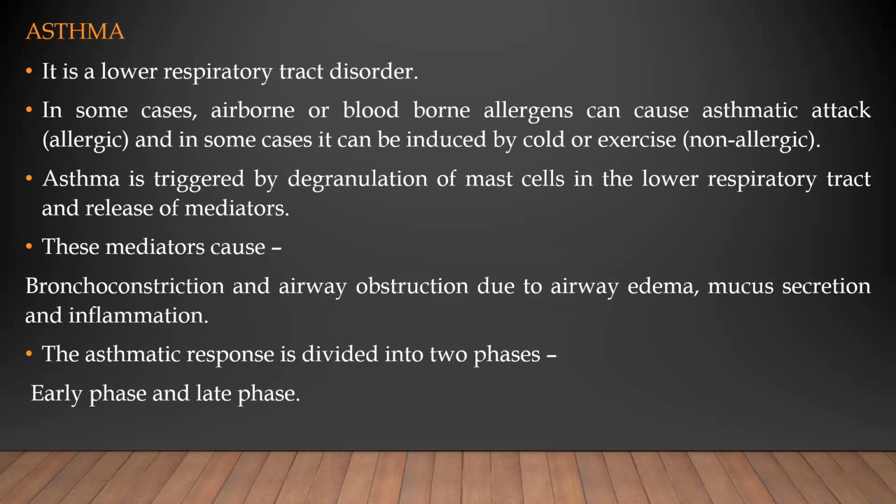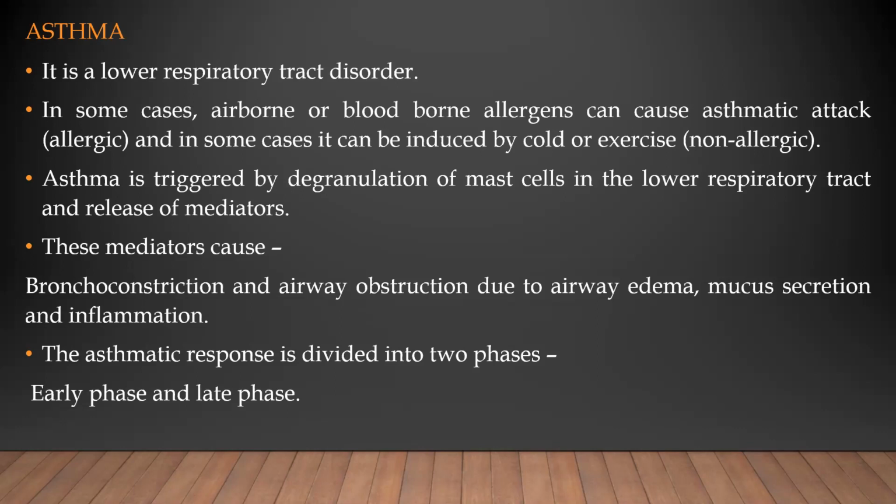It is a constriction of the bronchioles, which is going to obstruct the airway. The airway is not only obstructed because of bronchoconstriction, it is also obstructed because of edema. And the term edema means accumulation of fluid. What kind of fluid is going to accumulate then? A lot of mucus is going to accumulate, and that is going to block the airway. And that is why the person is going to experience a lot of breathing problems.